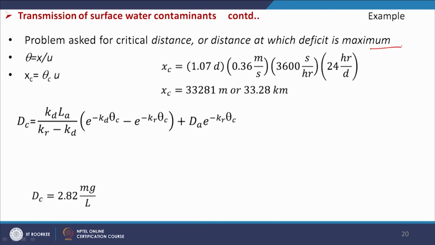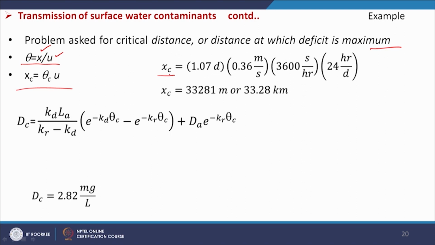So, the deficit is maximum when DO is minimum. Residence time is equal to x divided by u, where x is the distance and u is the velocity of the water. So, at the critical condition xc will be theta c into u.